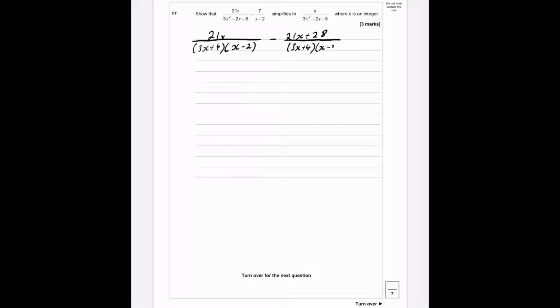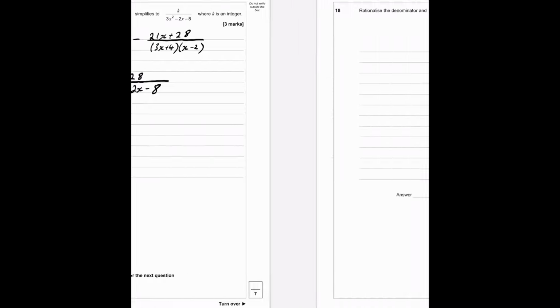If you've just multiplied them both together, you'll end up with a horrible cubic you'd have to cancel down later on, which is not particularly fun. But now we have a common denominator. The 21x's cancel, leaving us with minus 28 as the numerator, and I'll expand the denominator back out again to write the answer in the form that the question wants.